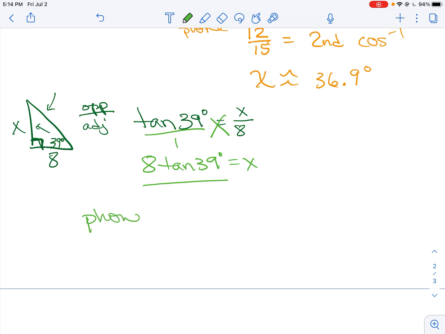If you have the phone calculator, then you're going to put 8 times 39 tangent equals. And you should come up with x is approximately 6.48. Let's say that it's centimeters. Now, again, it's an approximation. It's not an exact answer because we had to round our answers.